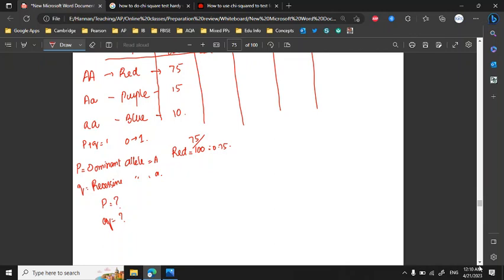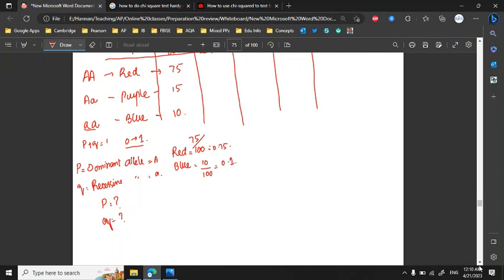You have to remember that you have to keep your value between 0 and 1. So to adjust them between 0 and 1, you have to divide by 100. And let's say how many are showing the blue color? They are 10. So 10 divided by 100, that would be 0.1.